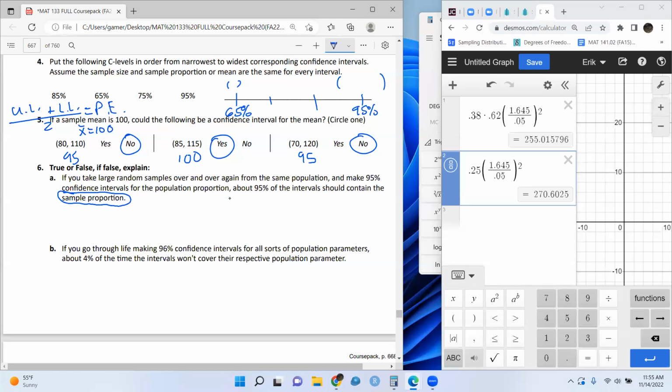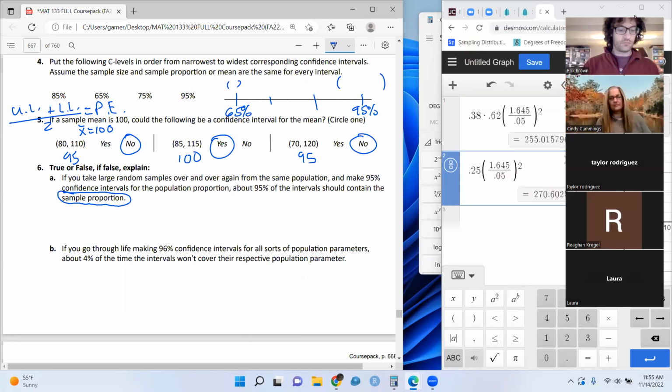Like, where's the sample statistic in a confidence interval? Where is it located? If you need a hint, look at what you did in number 5 and think about what it was you were calculating. What were you finding back in number 5?